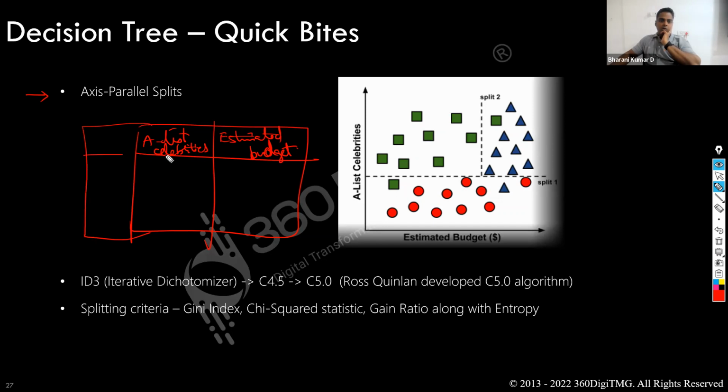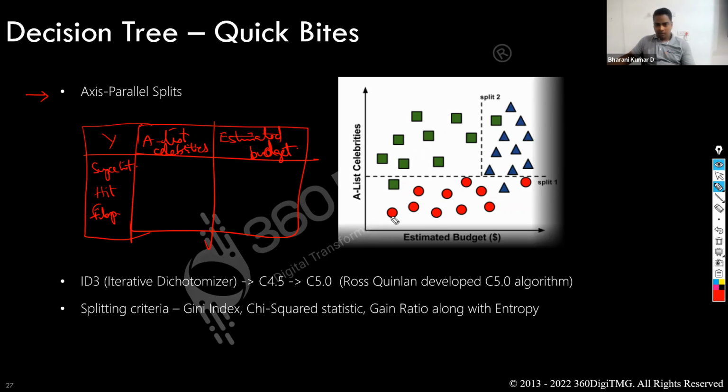And then you want to come up with an output, whether it's a super hit movie or just a hit movie or a flop movie. In that way, you want the information. So you have three classes. Red is one class, green is one class, and blue is another class, assume, right?